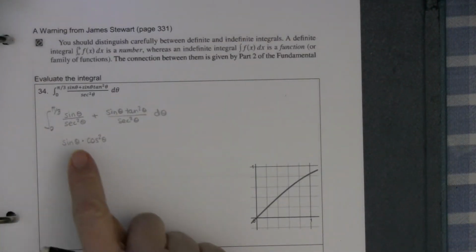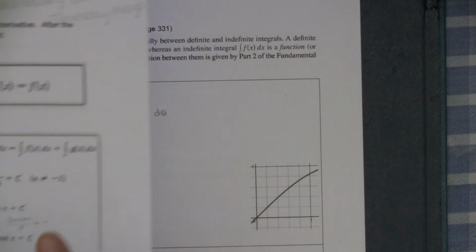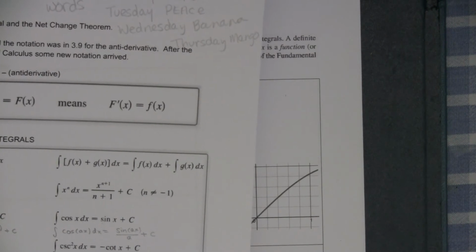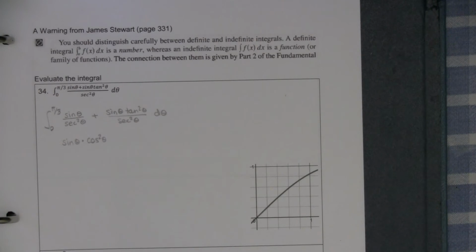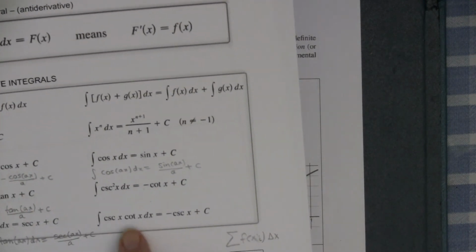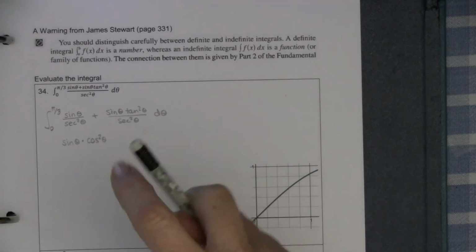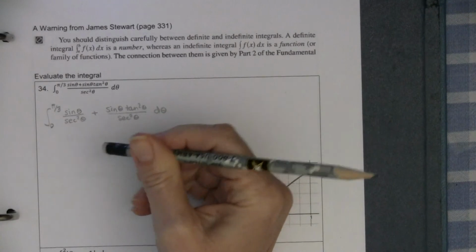I was kind of hoping that somehow I would be able to convert this into something like secant x tangent x. That would be nice, because I know the antiderivative of that. I'm looking at the ones that have a product. Secant x cotangent x, that's the other one, right? Would that work here, that I can convert this?